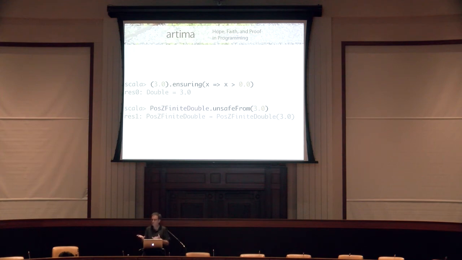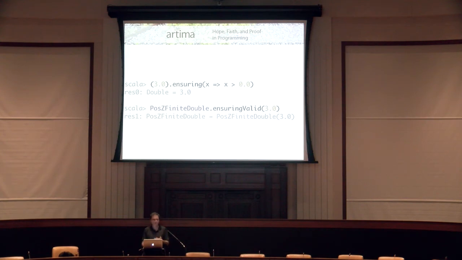And if it succeeds, out the other side comes 3.0 again, the same thing, but with a more restrictive type. So I realized that this is actually a different kind of assertion that is like ensuring, but you get a more specific type back. So that's why I realized I should name it ensuringValid, which is an assertion in your production code. And so that's what it's called.